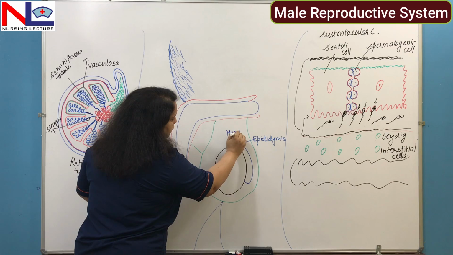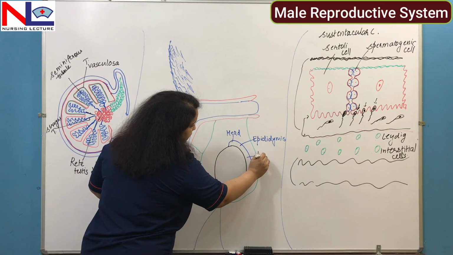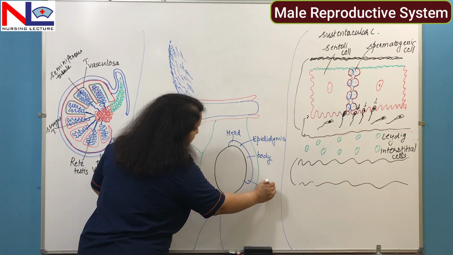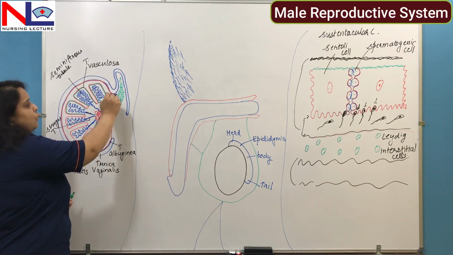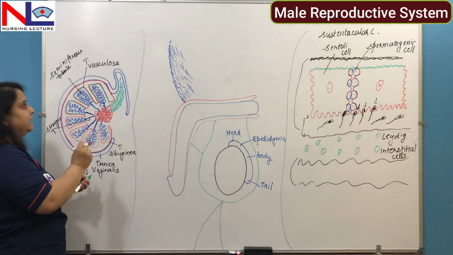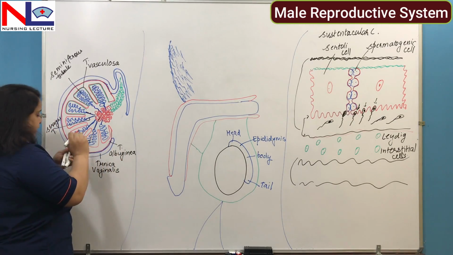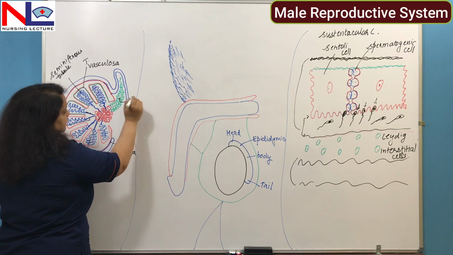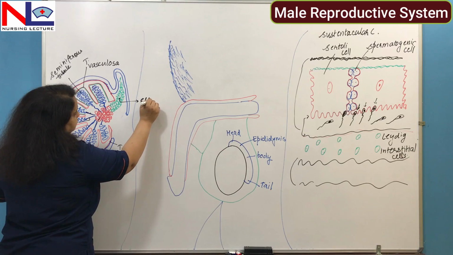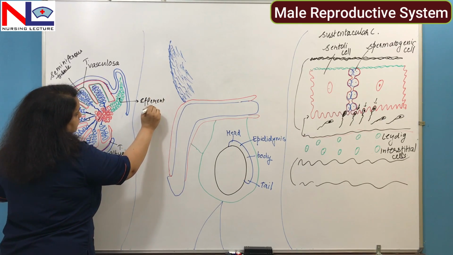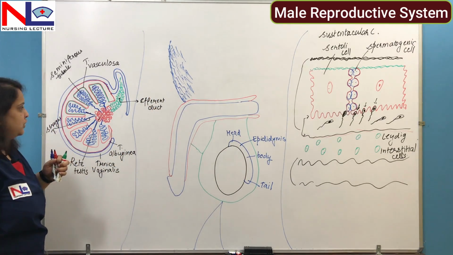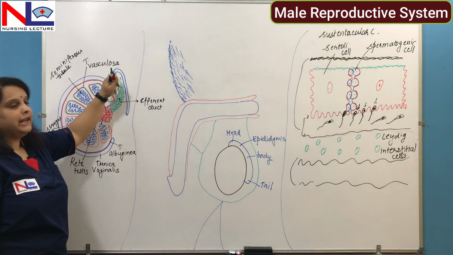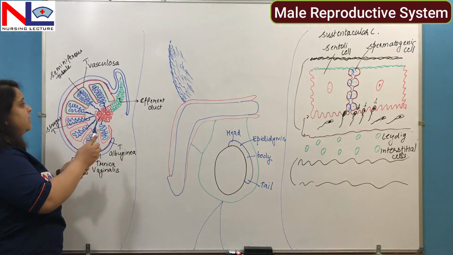The upper part is called the head, the middle part is the body, and the inferior last part is called the tail. All these few coiled ductules move up into the head of the epididymis. These ducts are called efferent ducts, or the vasa efferentia. These coiled ducts move up and form a highly coiled area in the head of the epididymis.